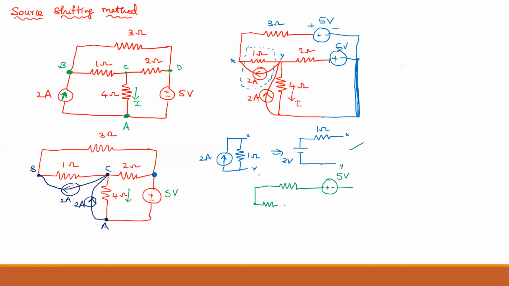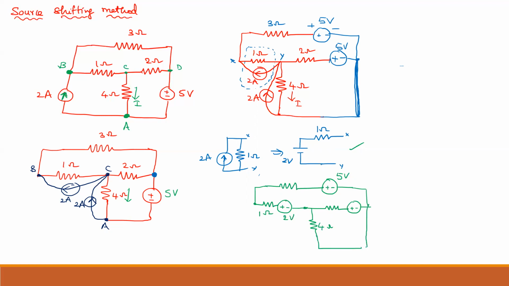From here one resistance is there, and the positive terminal is connected to x and the negative terminal to y. What is the voltage we got? 2 volt, and the resistance is 1 ohm. So at the y point I reached. From there I'm drawing 2 ohm, and here also the voltage source is there, you draw it as it is. And here is the 4 ohm resistance, a parallel current source is there.